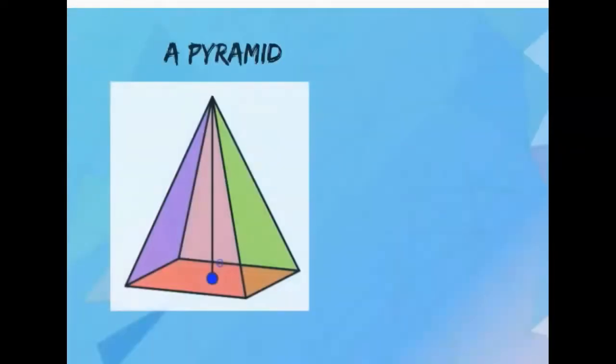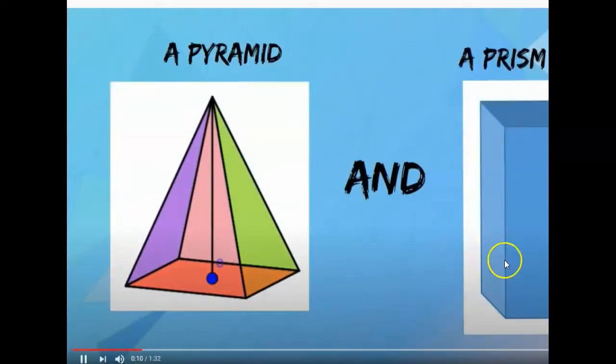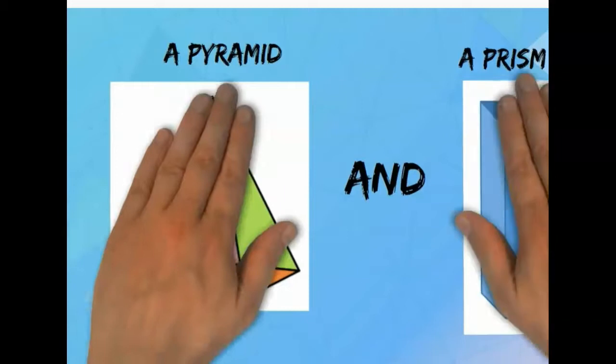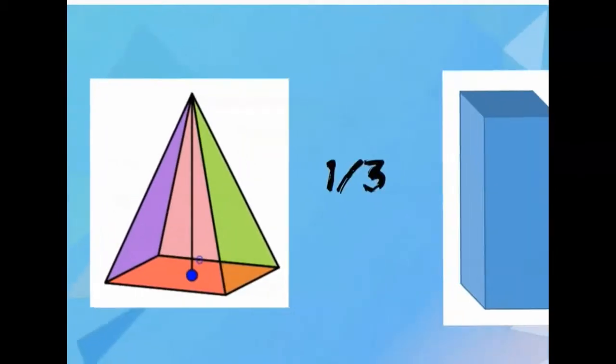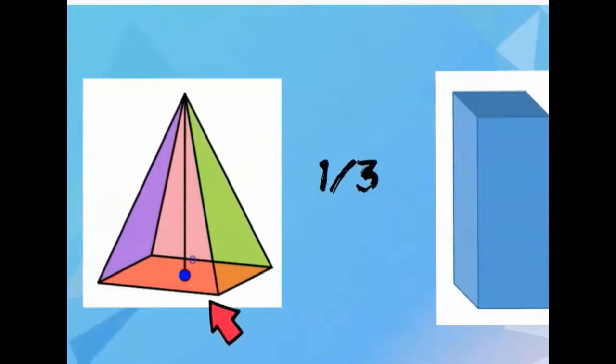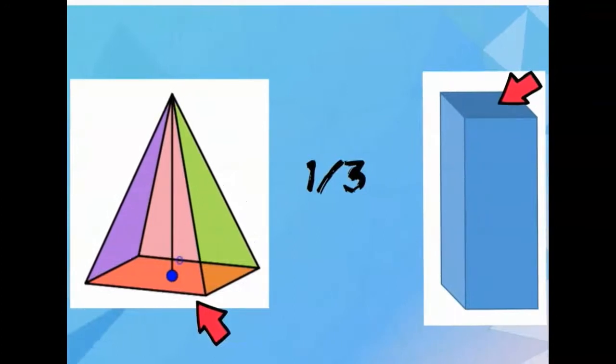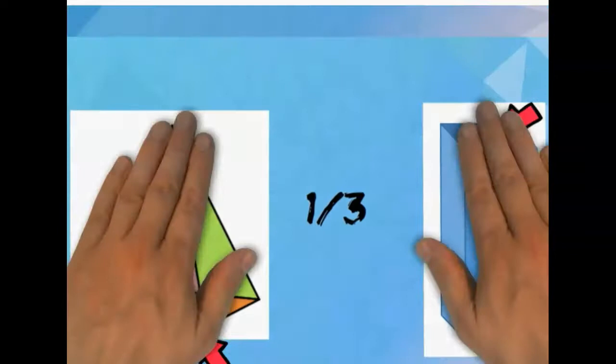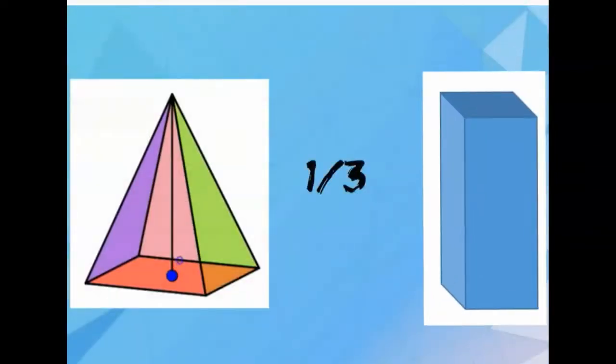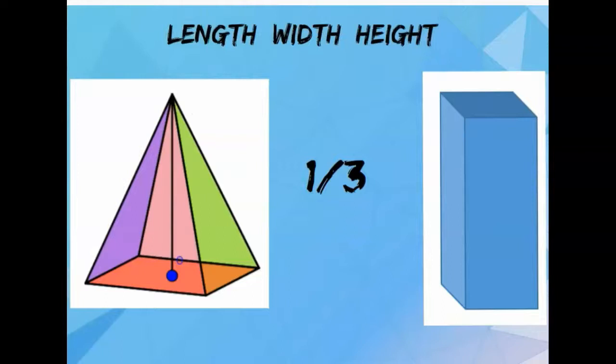Demonstration. I'd like to look at the volume of a pyramid and the volume of a prism. The volume of a pyramid is exactly 1/3 the volume of a prism, with a similar shaped base and the same dimensions. For example, if you have a pyramid with a rectangular base, its volume will be 1/3 the volume of a rectangular prism, with equal length, width, and height.